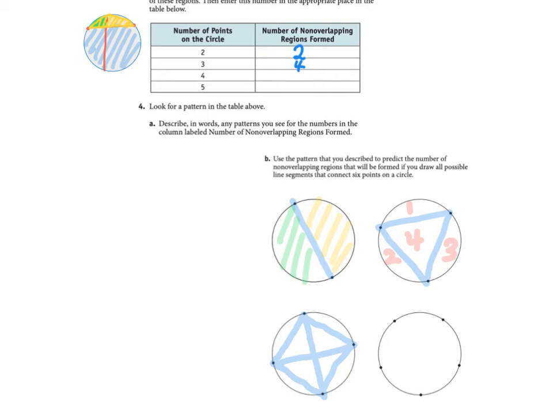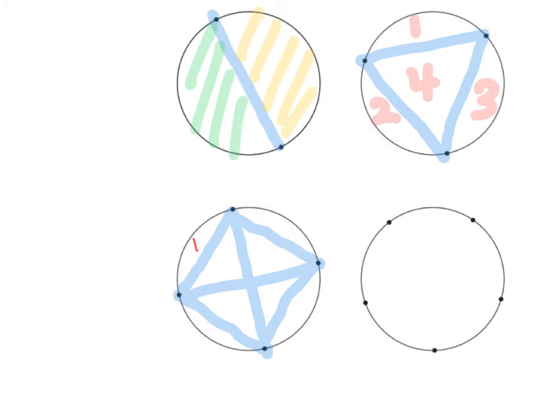Did I finish them all? I think so. So let's count how many regions we have there. 1, 2, 3, 4, 5, 6, 7, 8. That's a total of 8.